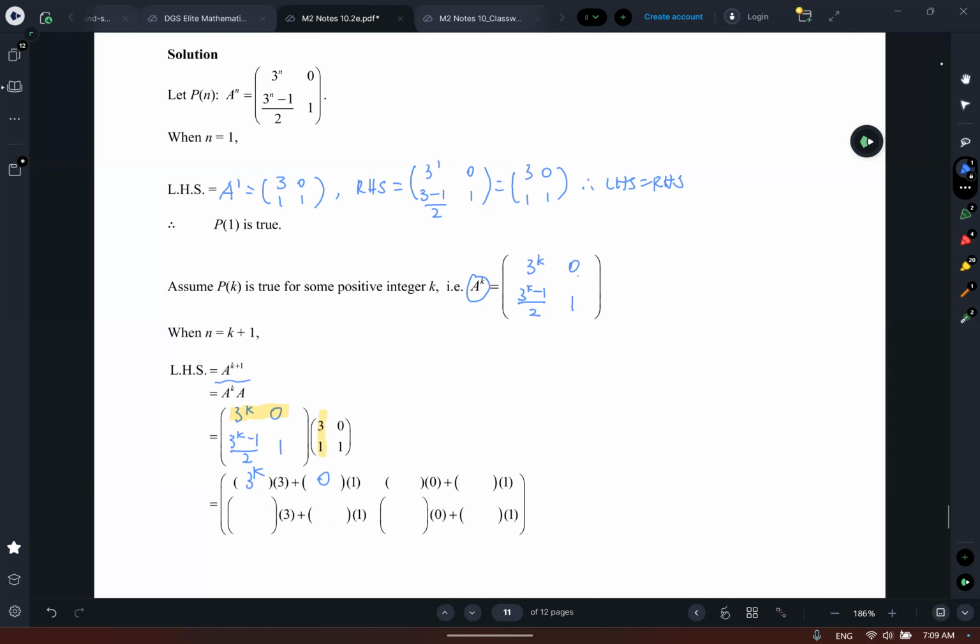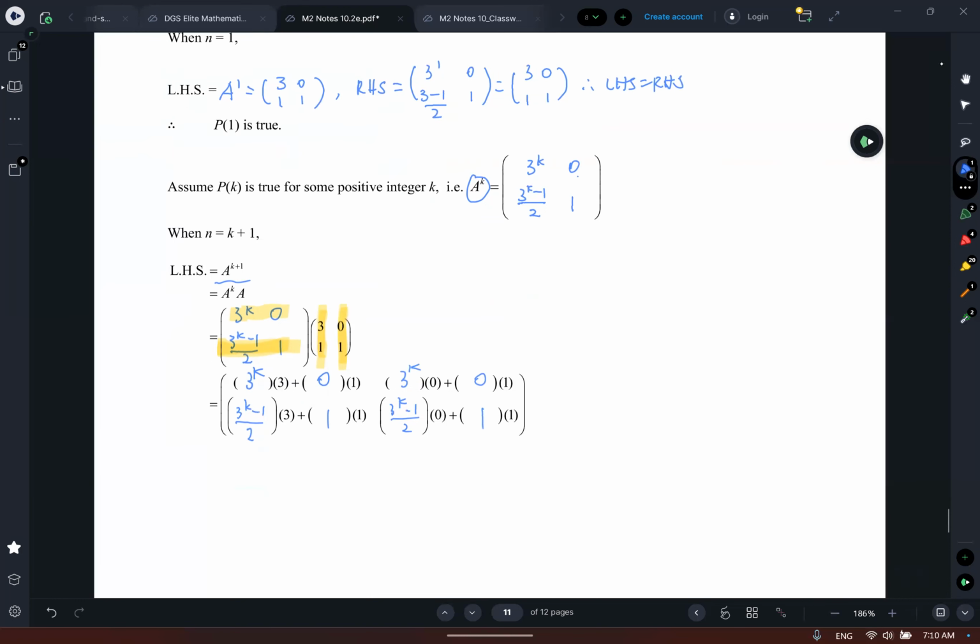This is the second row, (3 to the k minus 1) divided by 2 and 1. So that is the second row, the first column. And then this one must be the first row, the second column. And the last one is the second row, the second column.